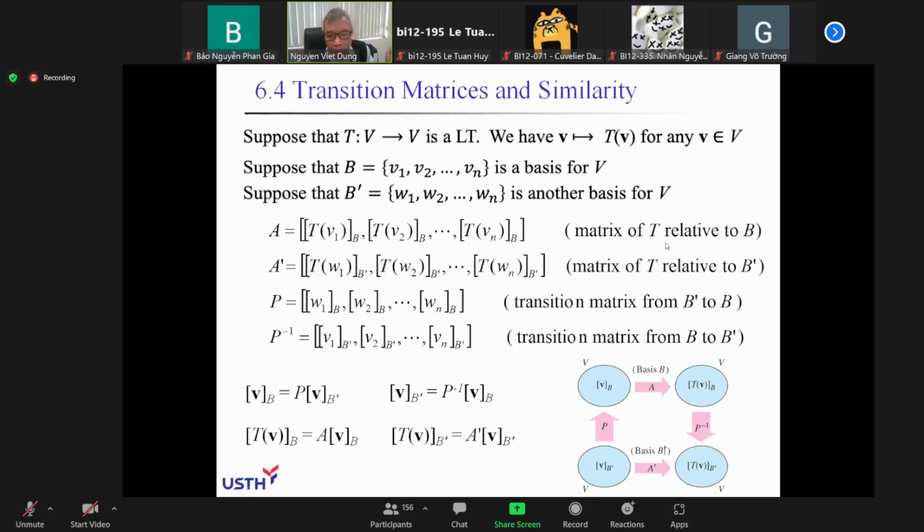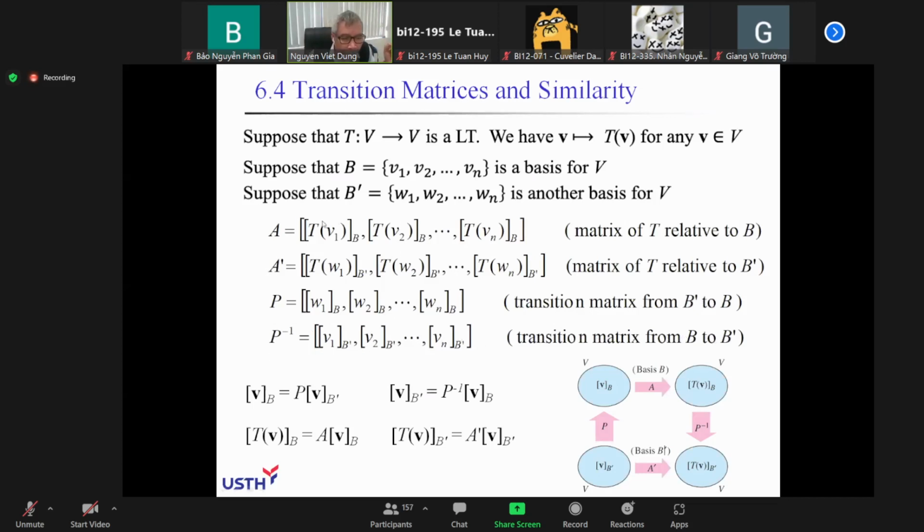First, because we have two different bases B and B prime, we have a transition matrix. The transition matrix from B prime to B is defined like that, and the transition matrix from B to B prime is defined like that one.